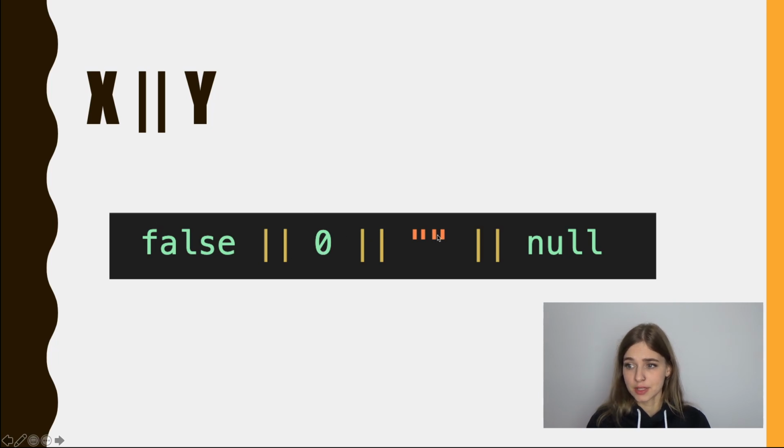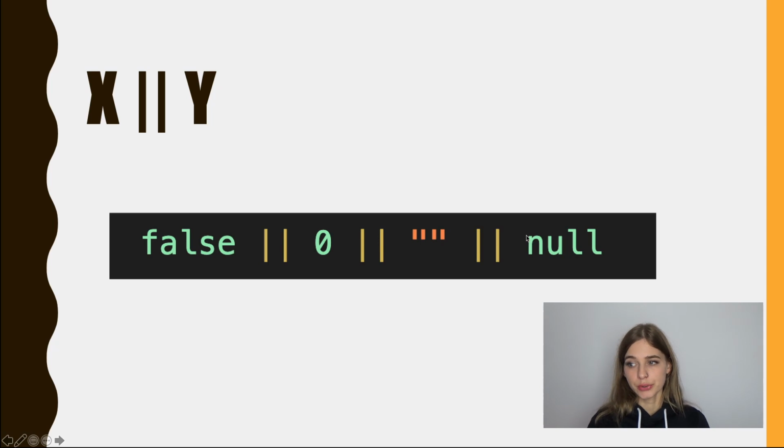0 or an empty string, again converting both to false, so it is false or false, it would again evaluate the whole thing to false, and this would take the empty string as the result. Then the empty string or null. Again, we're converting both values to a Boolean, and they both give us false.